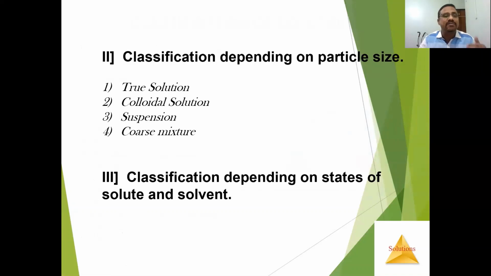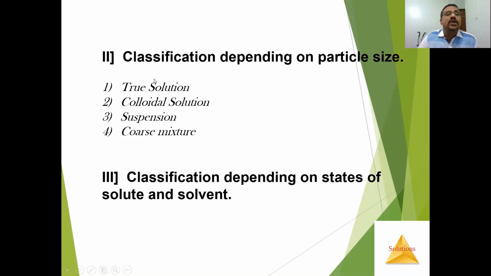The first one I have already discussed with you. The first classification is the general classification. In that we have seen the 12 definitions, the 12 terms, which are very important and everybody should know. Now the second classification of the solution is depending on the particle size: true solution, colloidal solution, suspension, and coarse mixture.